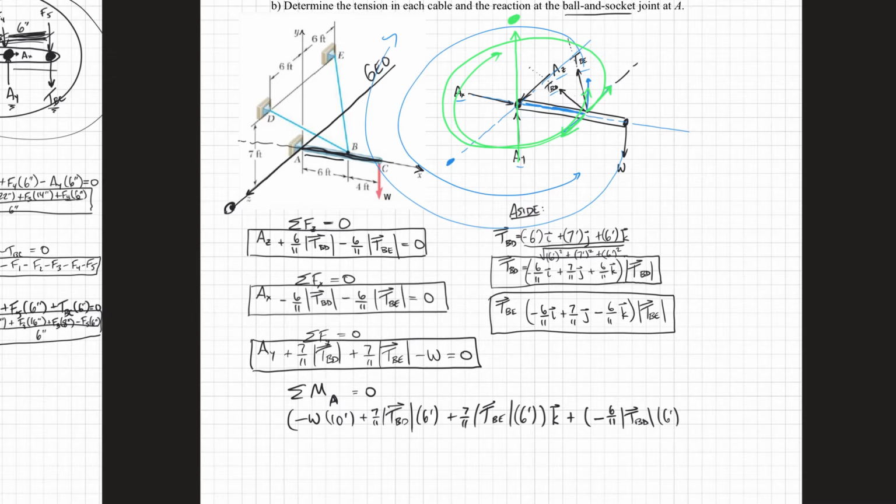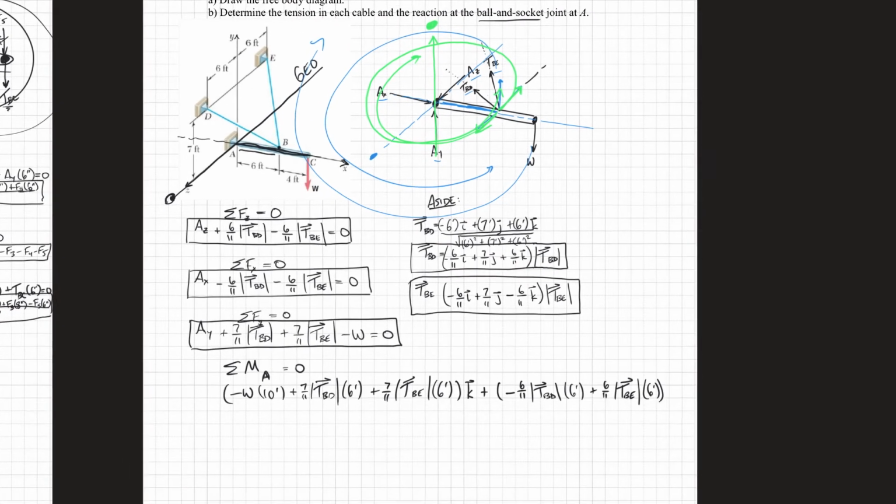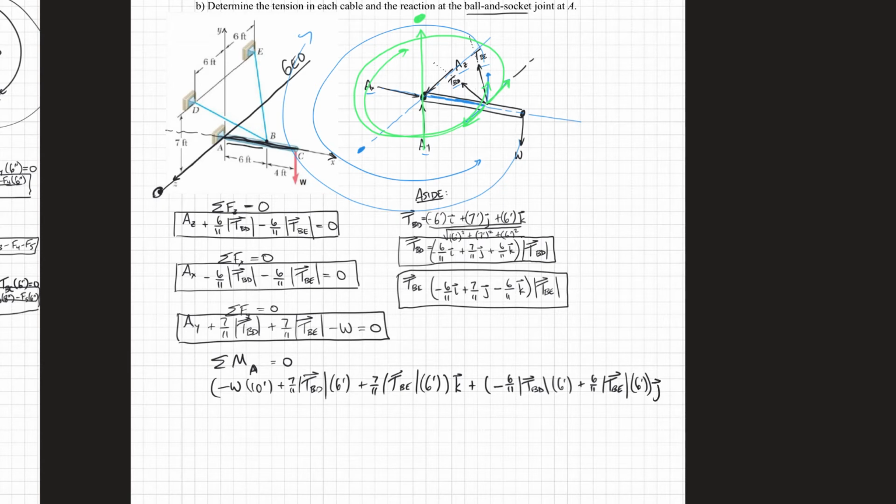Which makes sense, they're both pulling in opposite directions, so you're going to see a positive spin, plus 6/11 TBE times 6 feet. And that's going around the y-axis, so that's going to get a j, and that's going to be equal to 0.